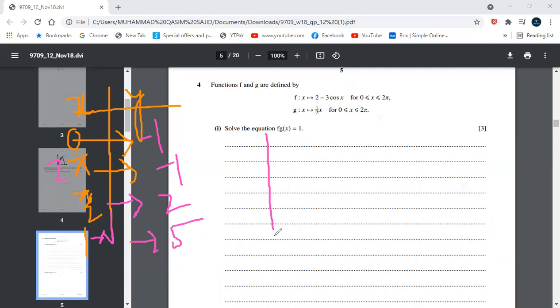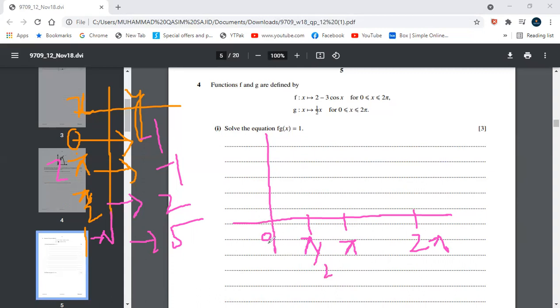Okay. This is my graph. Here are the points 0, 2 pi, pi, pi upon 2.